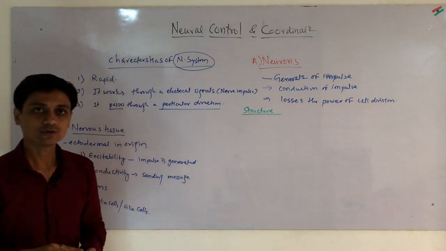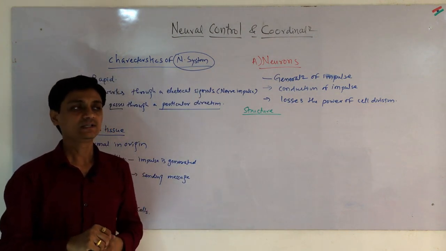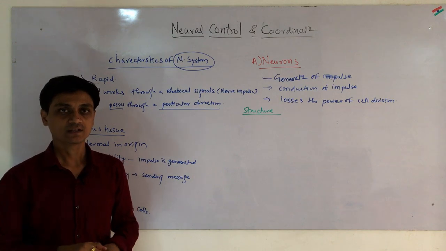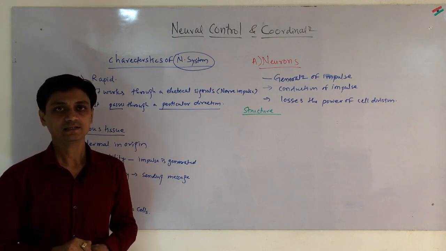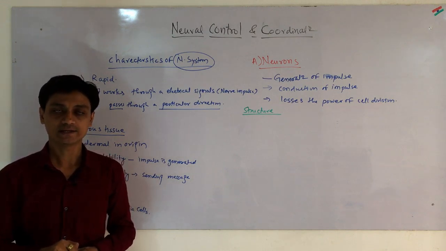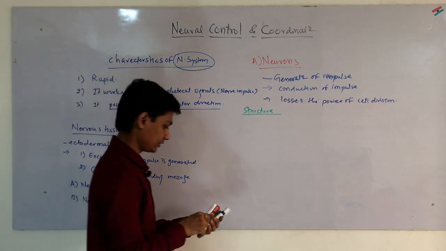The structure of a neuron mainly consists of three different parts. One, dendrite, second, body, and third, axon. We will draw this diagram here.